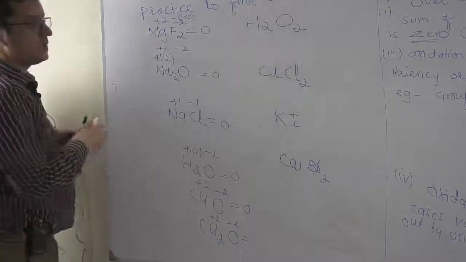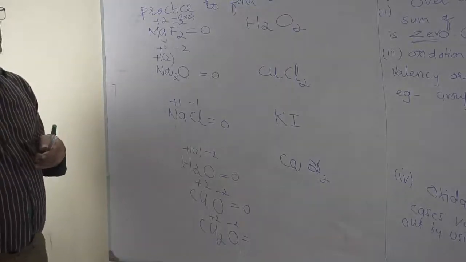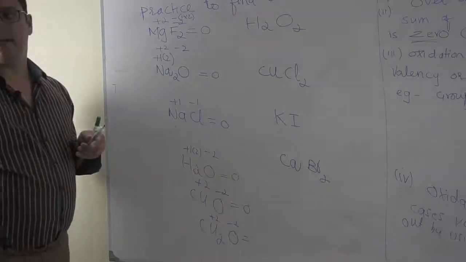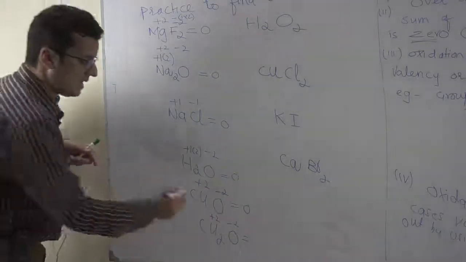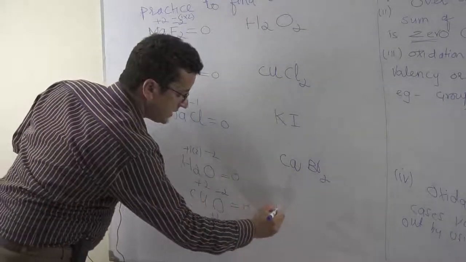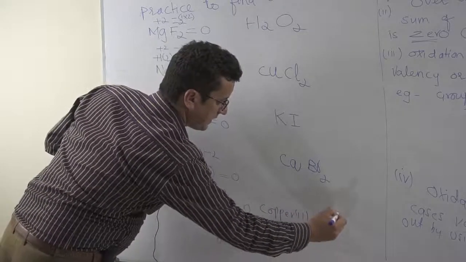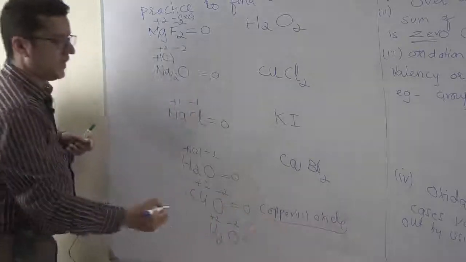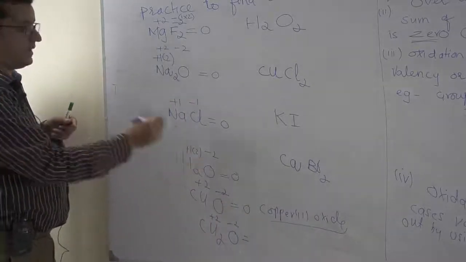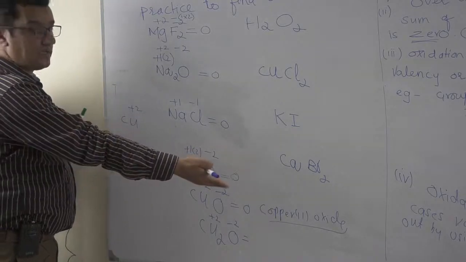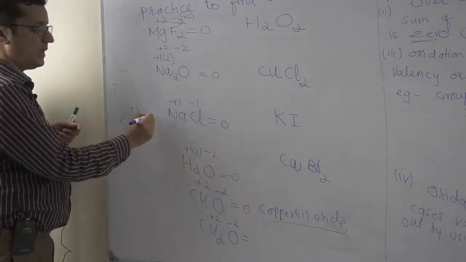Sometimes they ask you to write the systematic name, or read a systematic name. It is written like copper(II) oxide, and they ask you to derive the formula. Copper(II) oxide means I will place copper +2, written in Roman numerals, and oxygen -2.